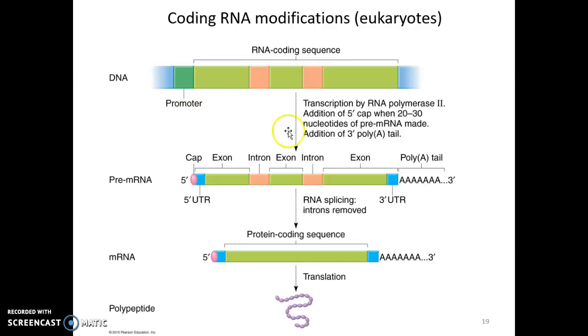We already talked about that. When RNA polymerase synthesizes an RNA transcript according to this template information, you get a molecule that's quite long, longer than the final messenger RNA, and we refer to it as the pre-mRNA or the unprocessed transcript.